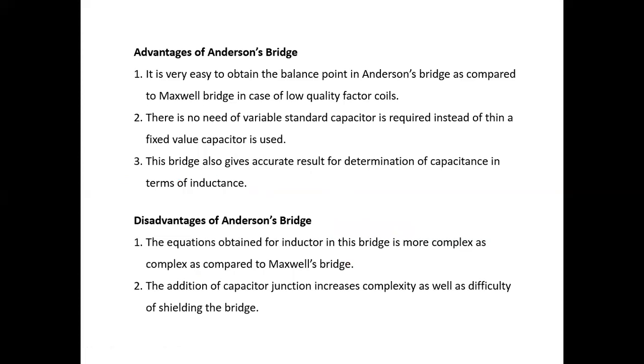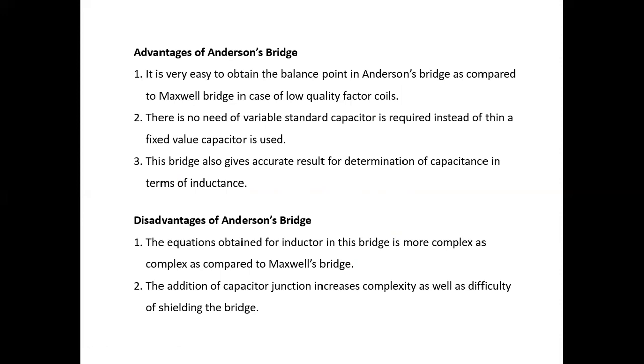The advantages and disadvantages of the Anderson bridge. It is very easy to obtain the balance point in the Anderson bridge as compared to the Maxwell bridge in case of low quality factors. There is no need for a variable standard capacitor. This bridge also gives accurate results for the determination of capacitance in terms of inductance.